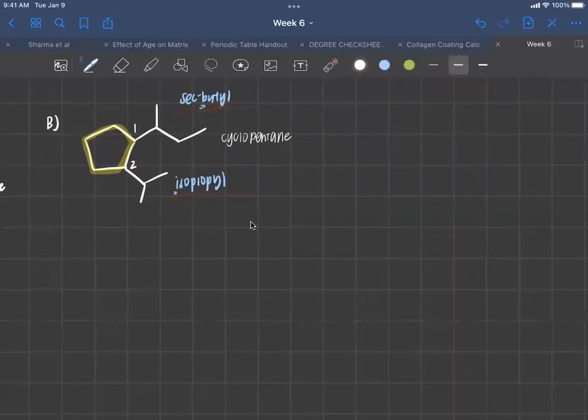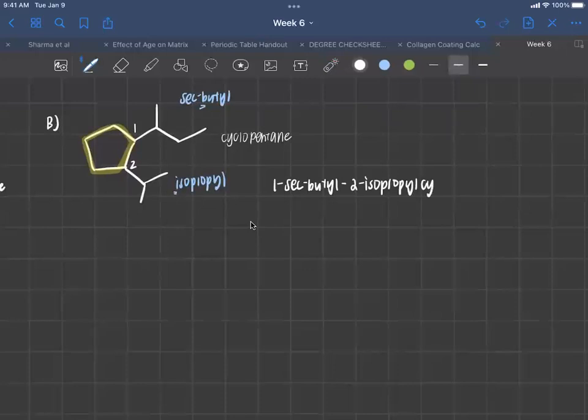Sec-butyl will come first. So then we will have 1 sec-butyl, 2 isopropyl, and then just slapping in our parent chain because we're done naming and putting in alphabet order our substituents.